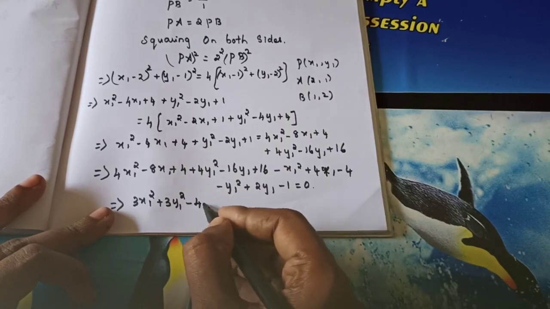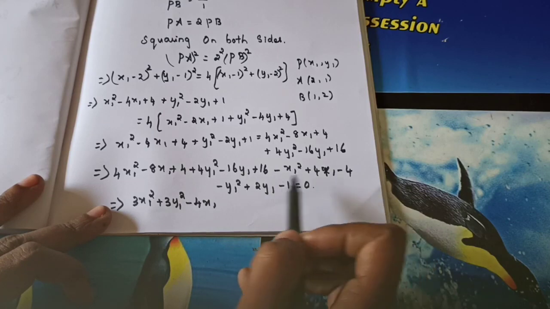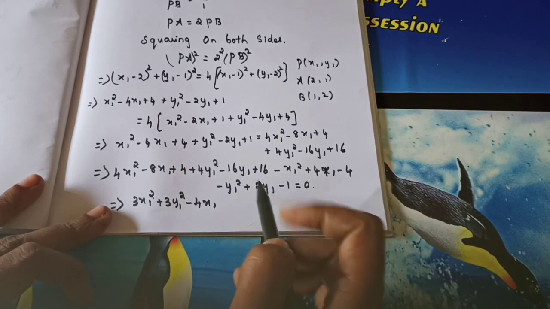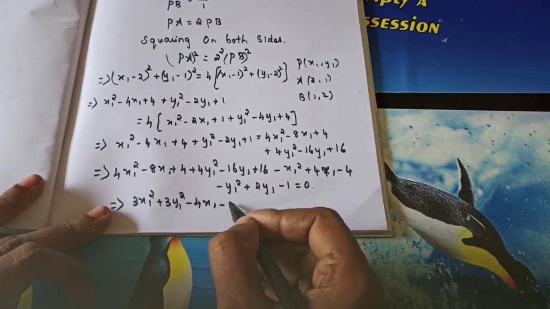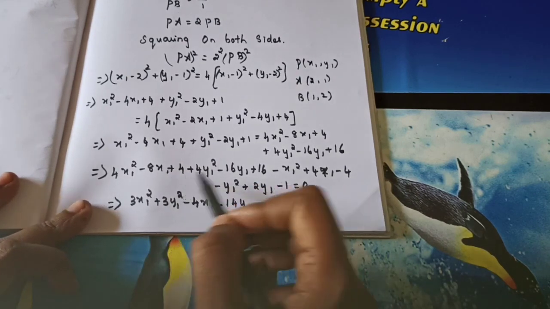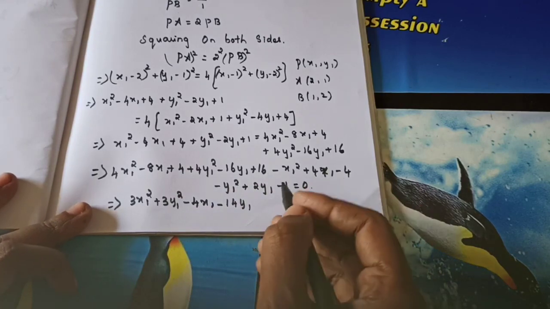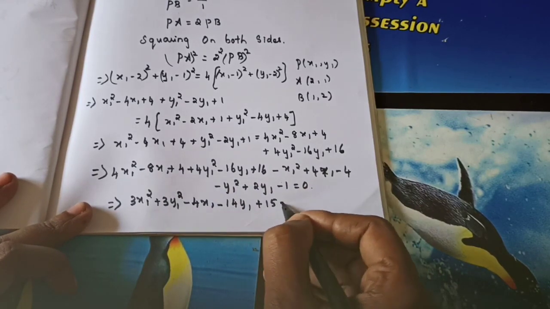So minus 4x1 you will get. Then y1 term: minus 16y1 is there, here plus 2y1 is there. So minus 14y1. Then constant term: plus 4 is there, plus 16 is there. So 20, 20 minus 5, is it right? So we will get plus 15 is equal to 0.